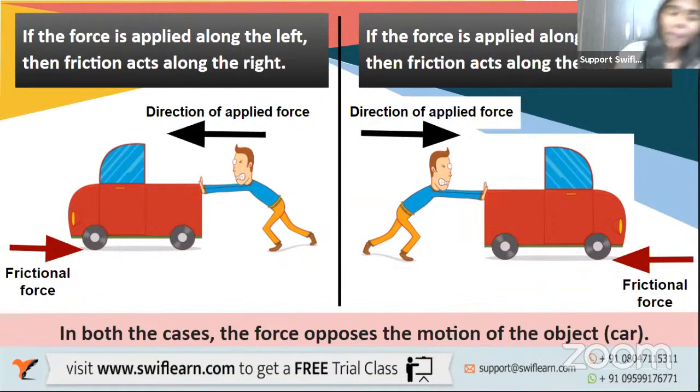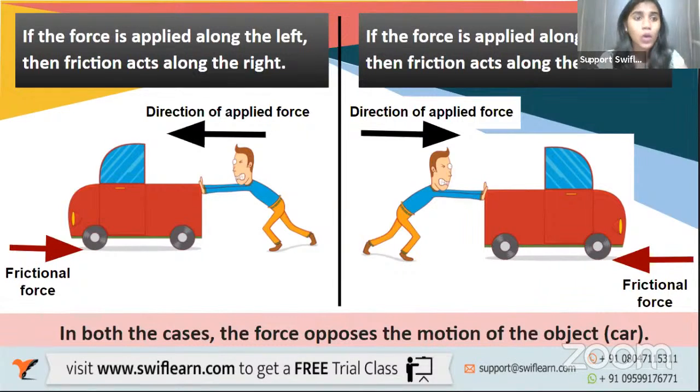Now what is frictional force? What is it that is acting in the opposite direction? Well, imagine you are kicking a ball. You kick the ball, and the ball starts rolling on the ground. It keeps on rolling. Now, after some time, what happens? Even if you are not applying any external force, after some time, the ball will automatically stop.